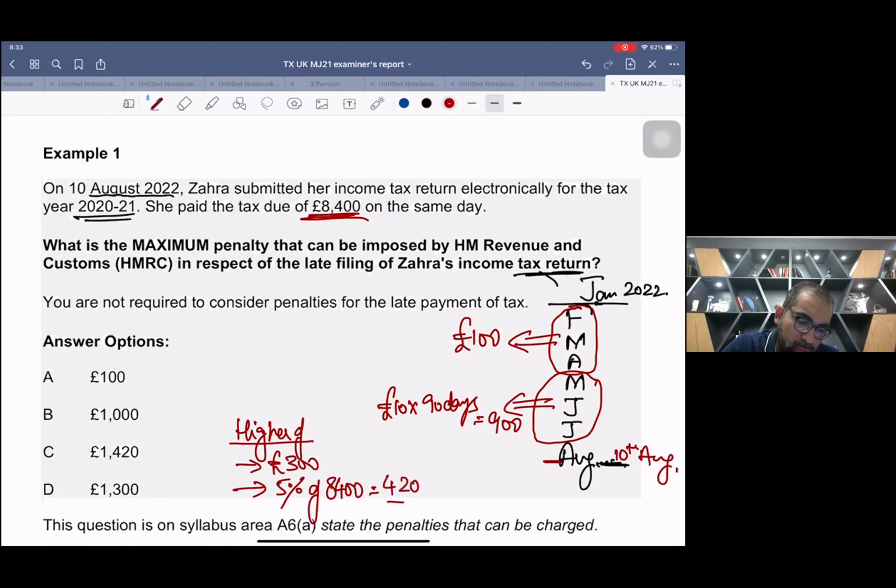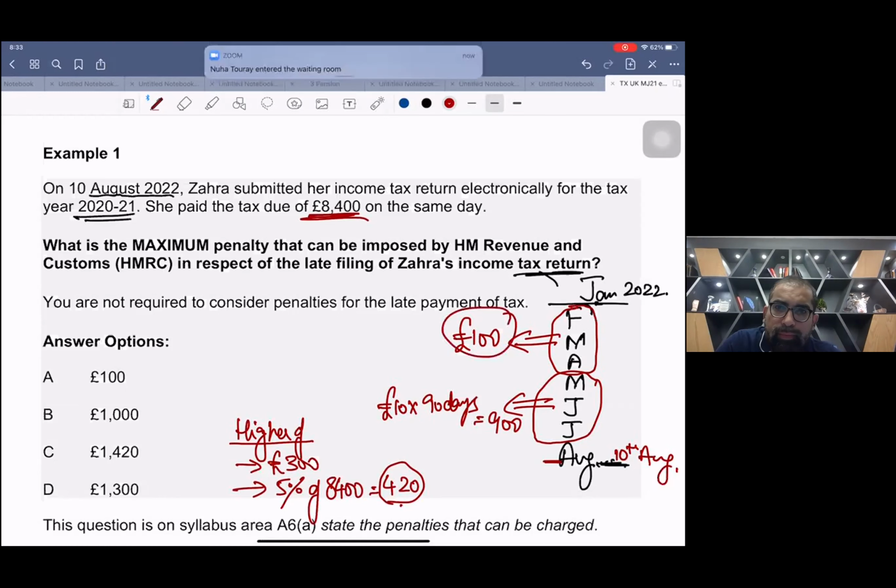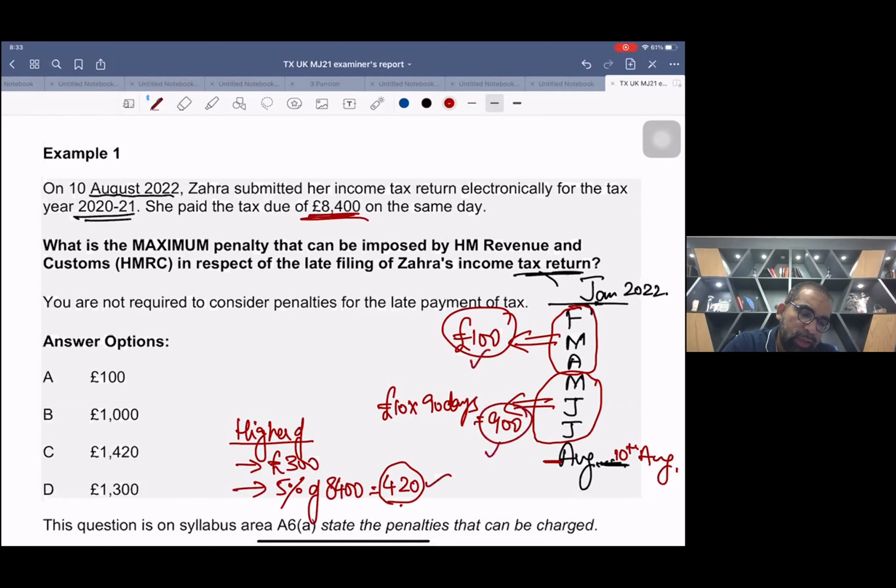So one more 420 penalty you have to pay. So three penalties you have to pay: £100, then £900, then £420. If you sum these up, it's going to be C. Did you get it?